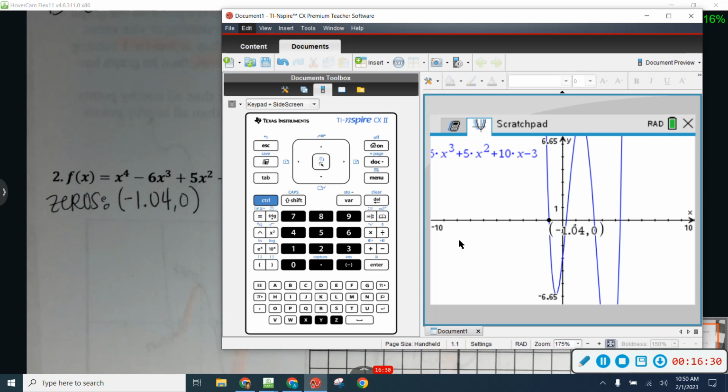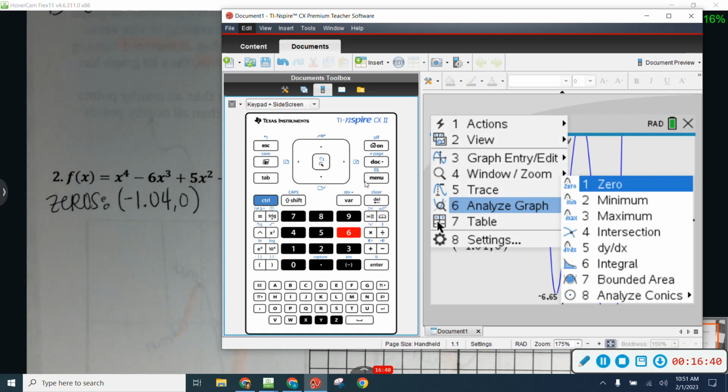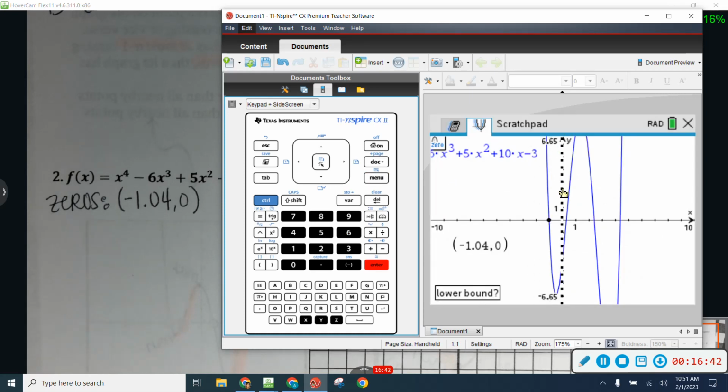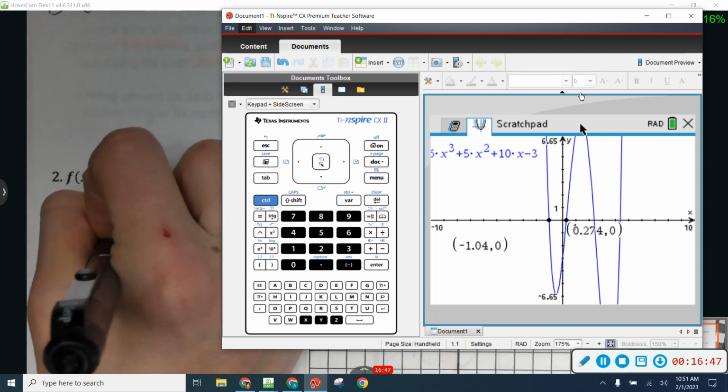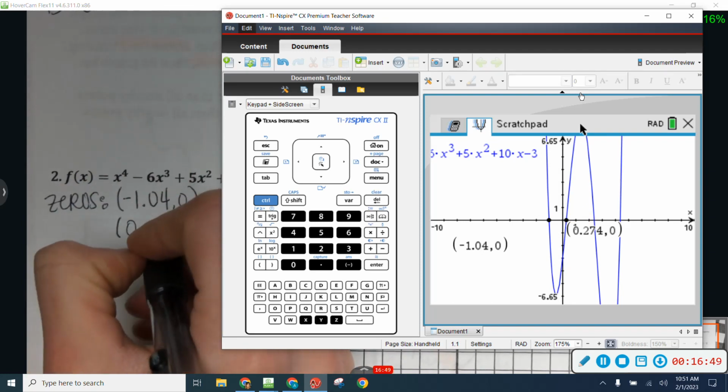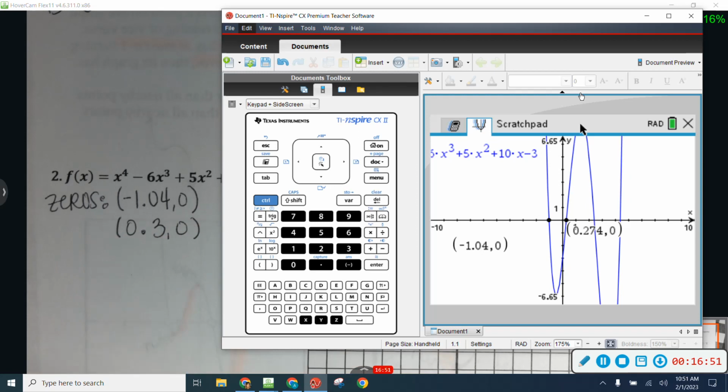So you can either round, if your instructions do not specify, I would round to either 1 or 2 places behind the decimal. So I would make that next one 0.30.